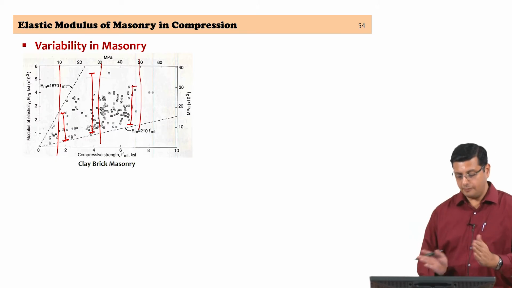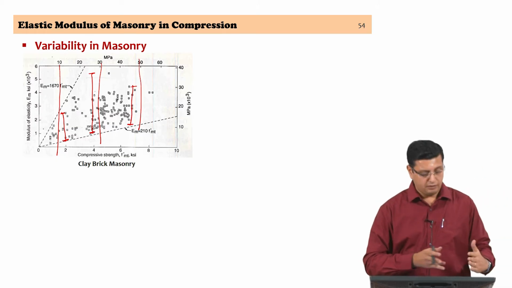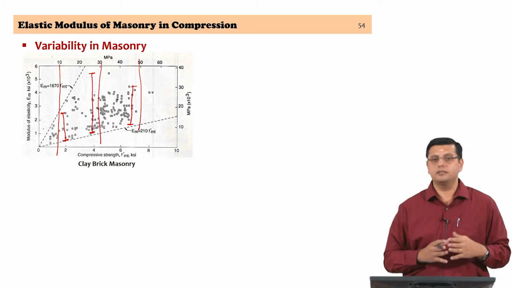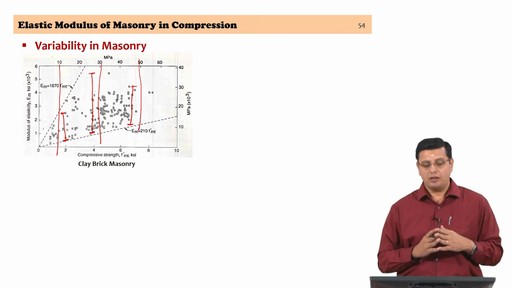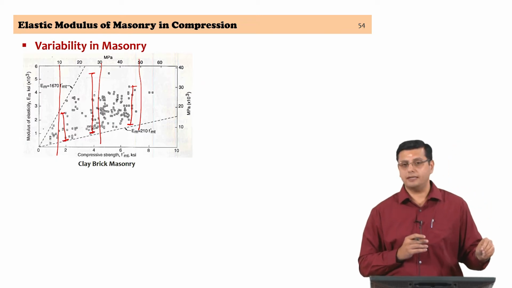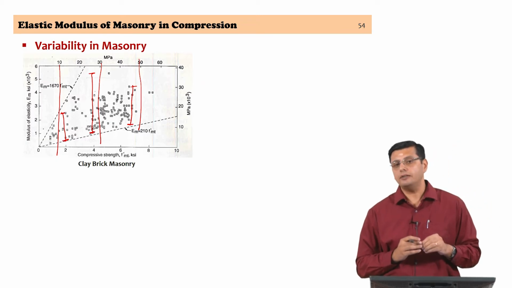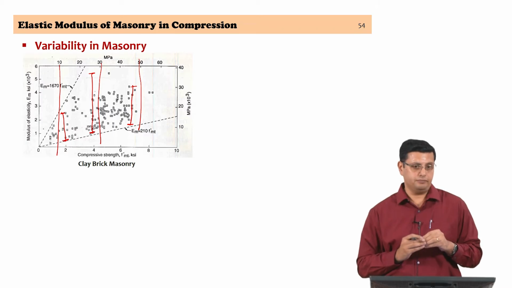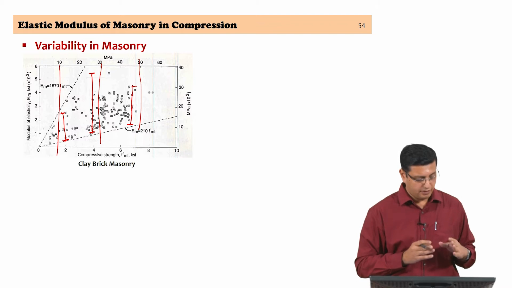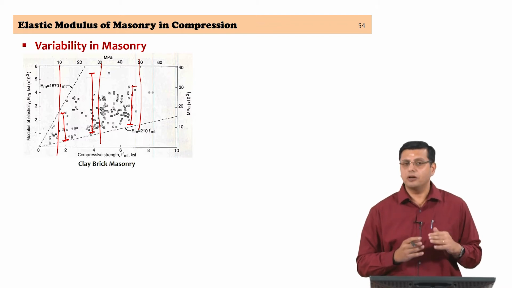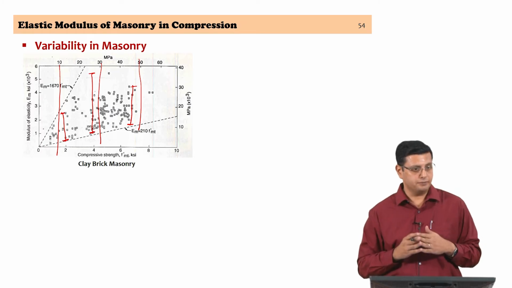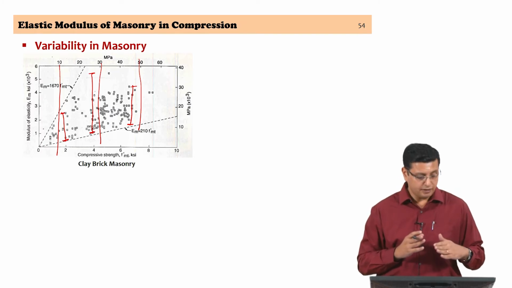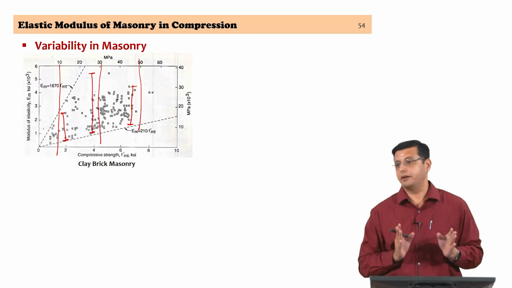So, the point is, if you look at this sort of data and pull out an upper bound, lower bound of the modulus of elasticity as a function of the compressive strength, okay. And mind you, this is simply because the modulus of elasticity happens to be correlated to the compressive strength, right. The correlation is empirical.